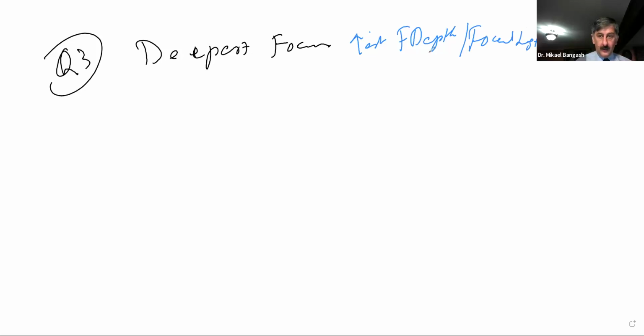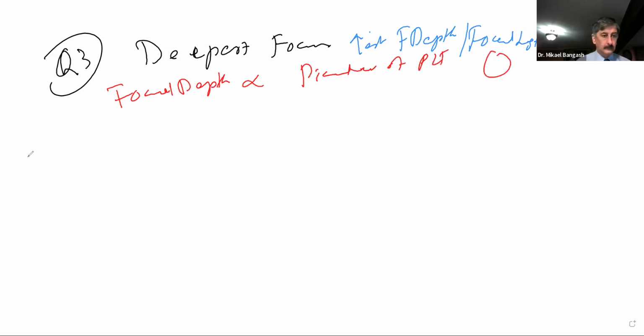Now we know that the focal depth was directly proportional to the diameter of PCT. And likewise, it was directly proportional to the frequency.